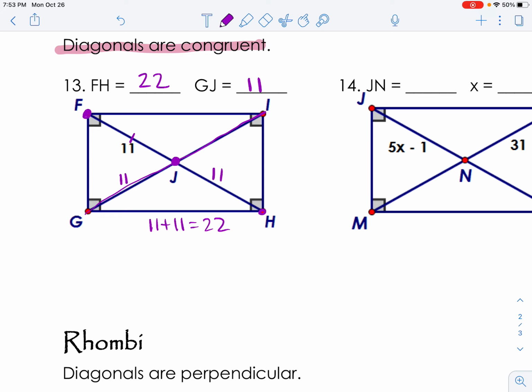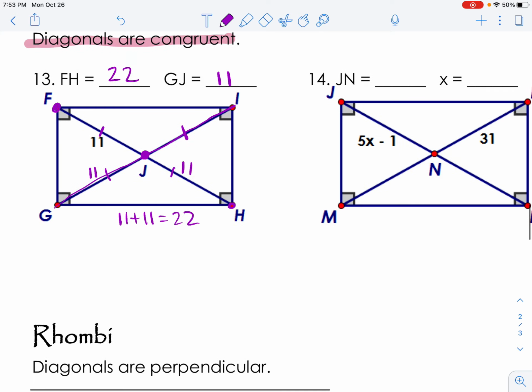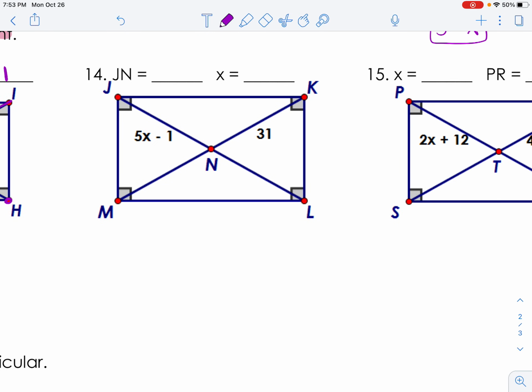When you have the pieces of the diagonals of a rectangle, since the diagonals bisect and the diagonals are congruent, that means that I get 4 congruent lengths. All 4 of the pieces are congruent. So here, JN is congruent to MN, is congruent to NK, is congruent to NL. And that's only for rectangles here.